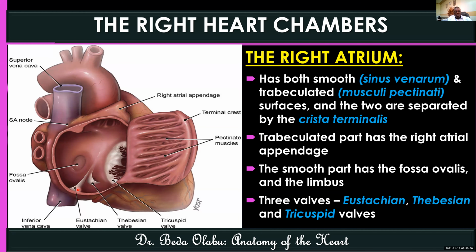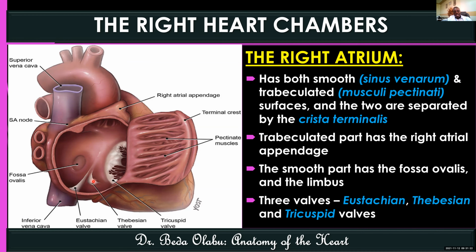The main aim of this valve is to redirect well-oxygenated blood from the inferior vena cava to the foramen ovale in fetal life. We may not have a bigger use for it postnatally, but prenatally it's very vital.